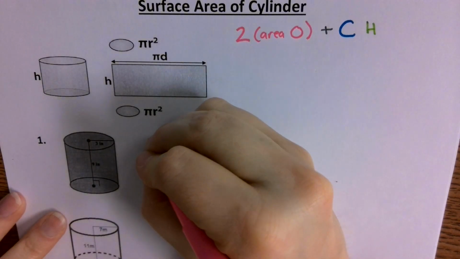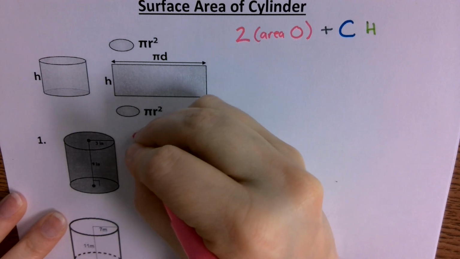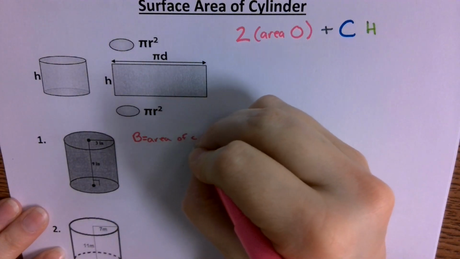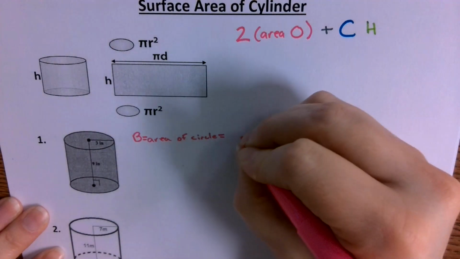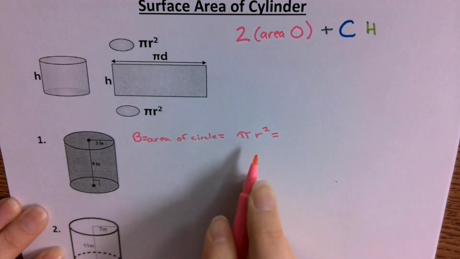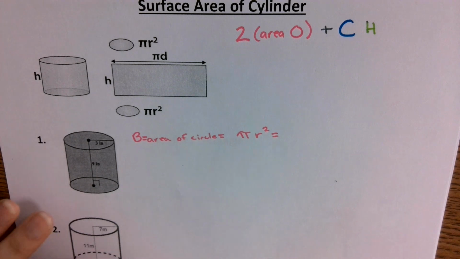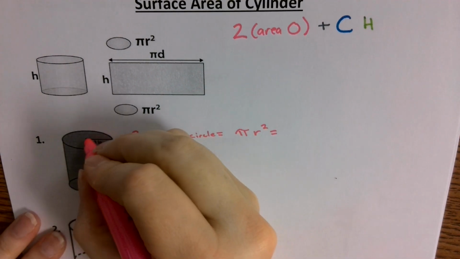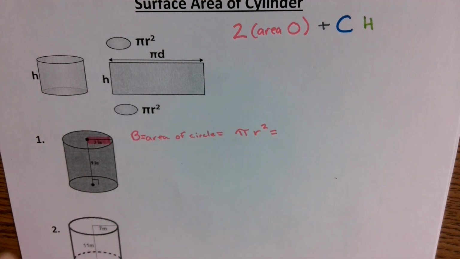All right, so let's start off with problem number 1, finding the area of those base shapes. Still going to write it as capital B, so we're going to find the area of the circle, which is found by taking pi r squared. We're just going to do 3.14 times the radius squared. The radius in this case happens to just be a 3.